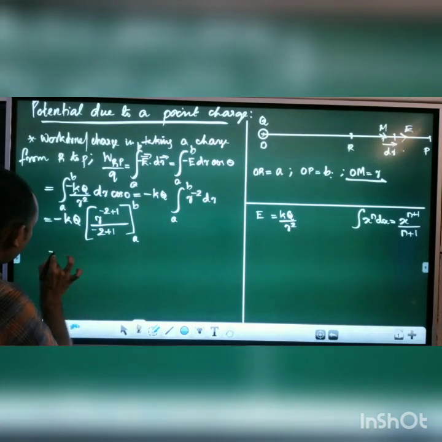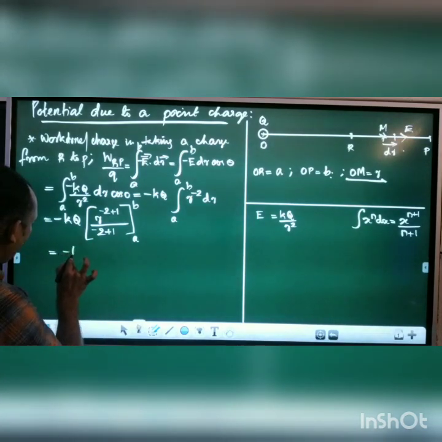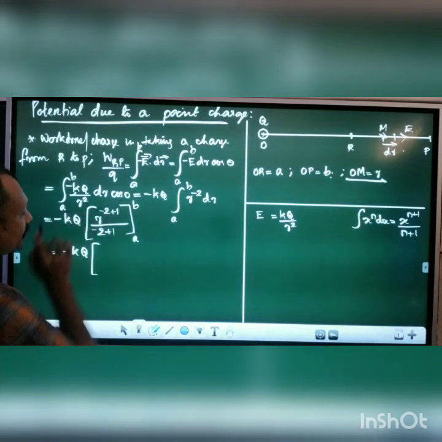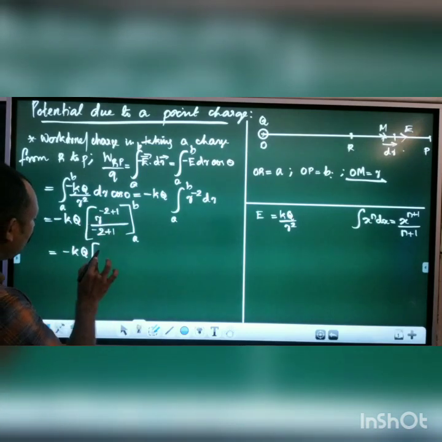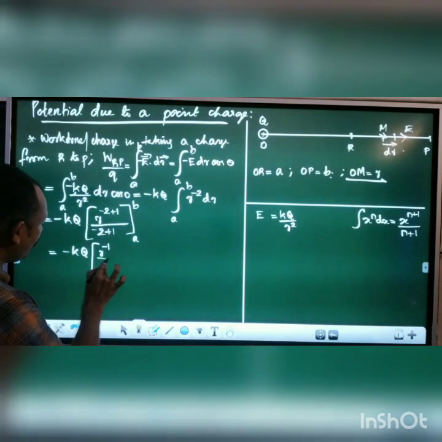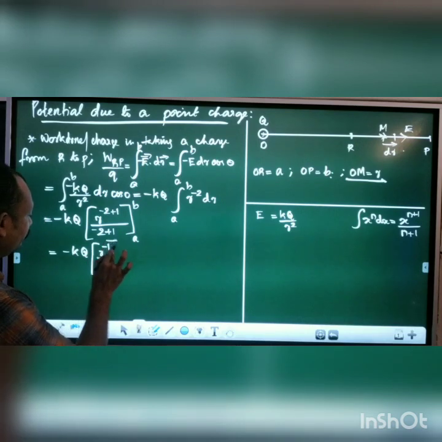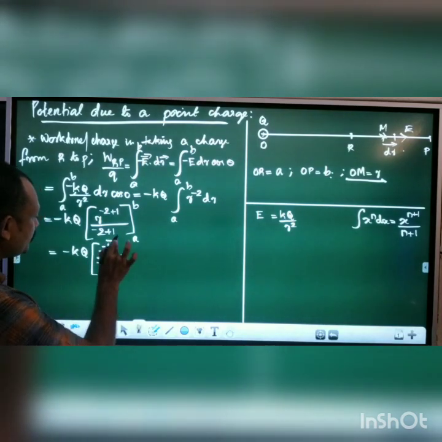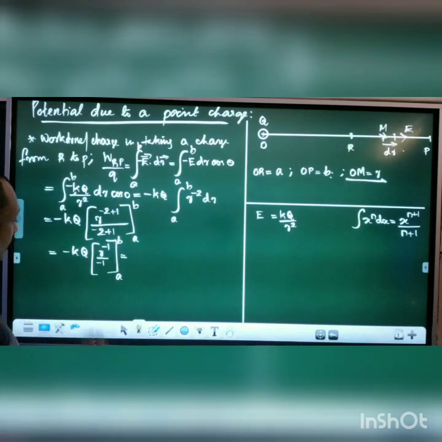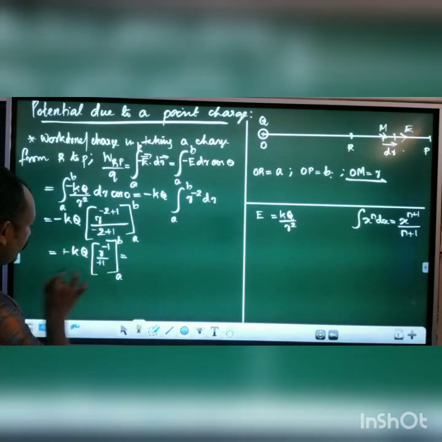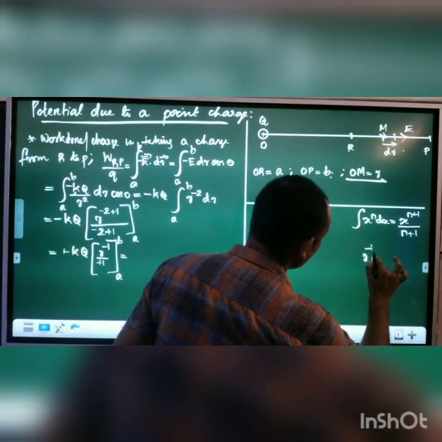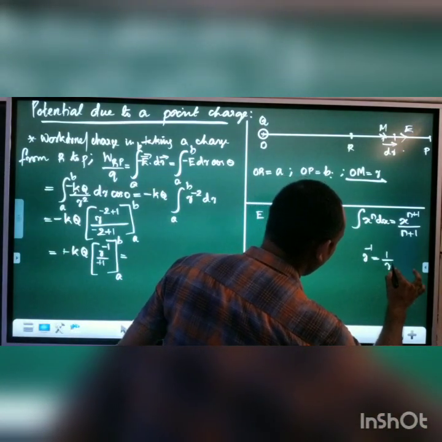This is equal to minus KQ into r raised to minus 2 plus 1, which is minus 1, divided by minus 1, within the limits A to B. Now these two minuses will cancel each other. What is r raised to minus 1 equal to? 1 by r.